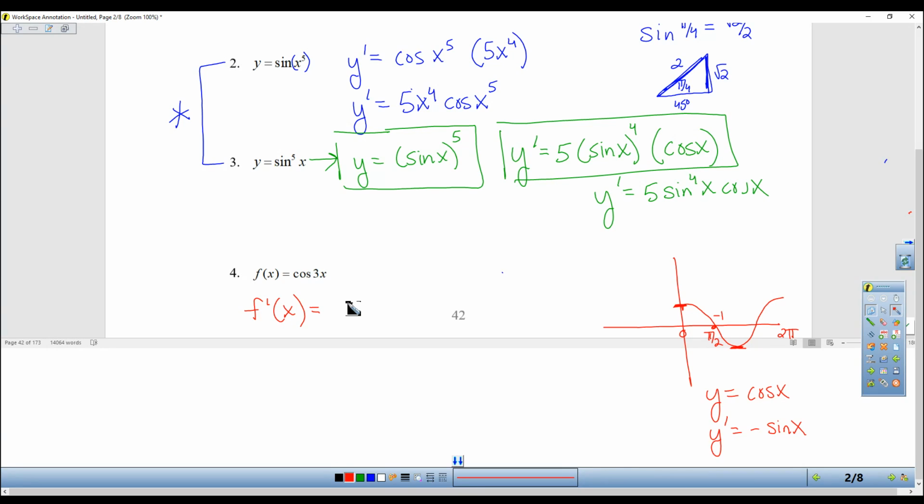So f prime of x is going to be, remember, the angle never changes. It's going to stay sine of 3x. It's going to be negative. And you still have to take the derivative of the angle, times 3, which I always write out in front so that you don't have to worry about writing 9x by accident.